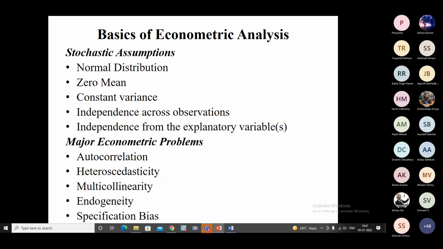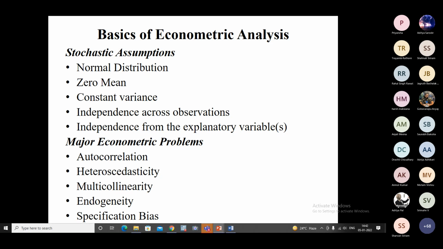Like if the random disturbance term doesn't follow normal distribution, then you will see, I'll be showing you in the class, the dependent variable will also not follow normal distribution. What is dependent variable Yi? Yi is equal to alpha plus beta Xi plus Ui. So Yi is basically a linear transformation of Ui.